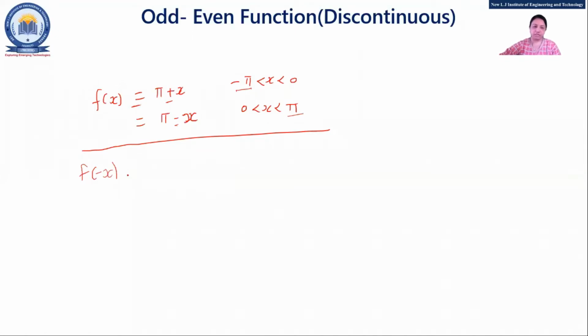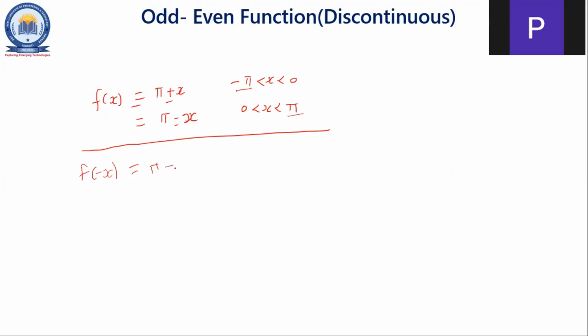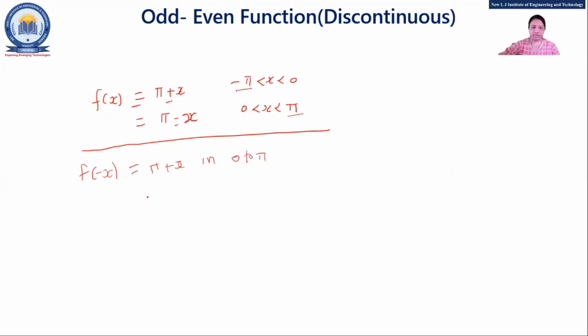If we put x equal to minus x, then pi minus x, we get pi plus x. So pi plus x is equal to pi plus x. So f(-x) is equal to f(x). Okay, fine. You can mute yourself.